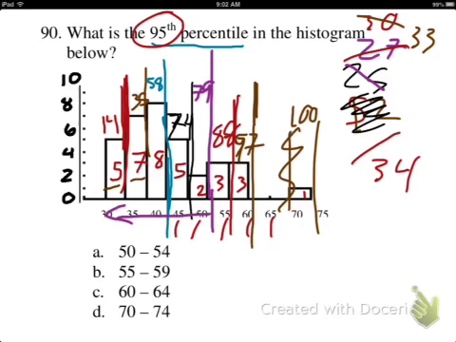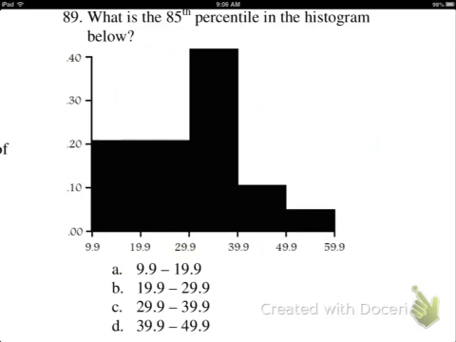So let's see which one has between ages 55 and 60. Between 55 and 60, it's going to be B. Okay, hopefully that makes sense. You need to calculate the percentiles of the different levels, and then find which one the number falls in between. So that's a review of percentiles.